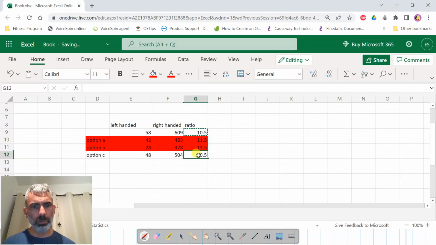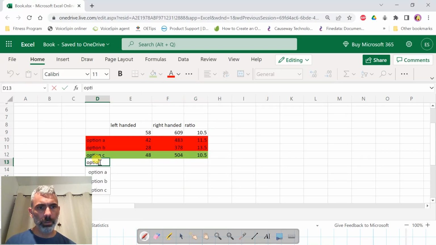I copy the formula, so the same ratio here. So I divide F12, which is this cell, 504 divided by 48, divided by E12, which is this cell. So it gives me 10.5. So option C has the same ratio as the original ratio. So this is good.